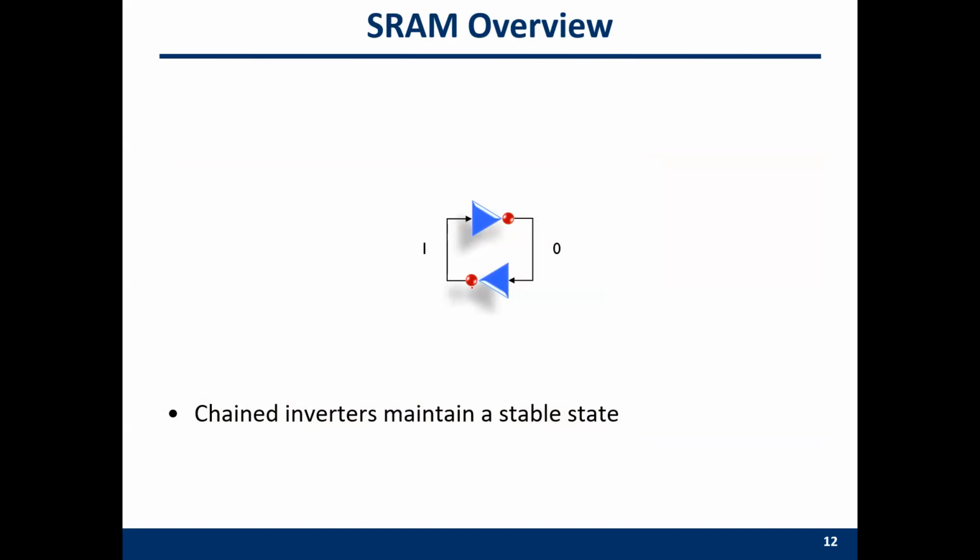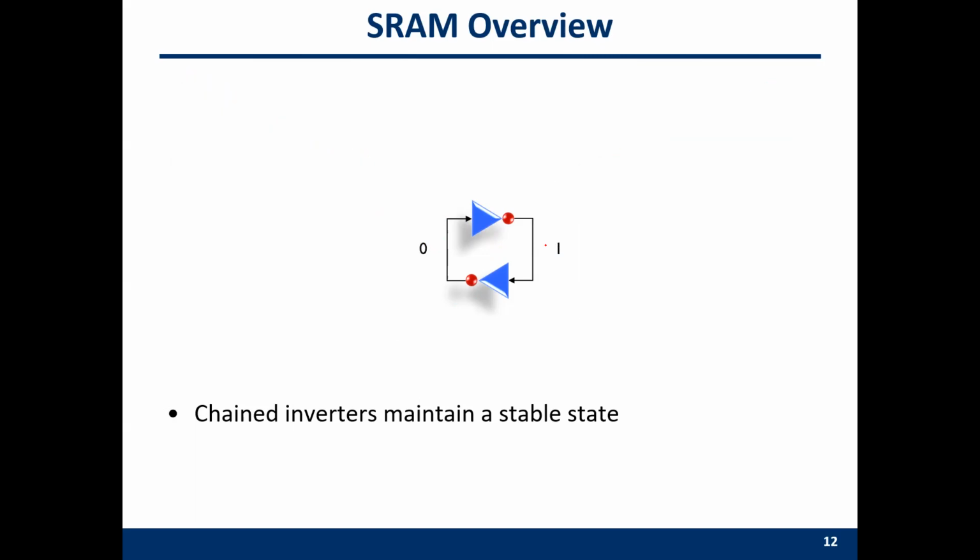If the output of this inverter is 1, because this is also an inverter, we have a 1 here as the input, so the output is 0. You can see this is a very stable state. You can change this 1 to 0, and then this is 1. It's also another stable state.